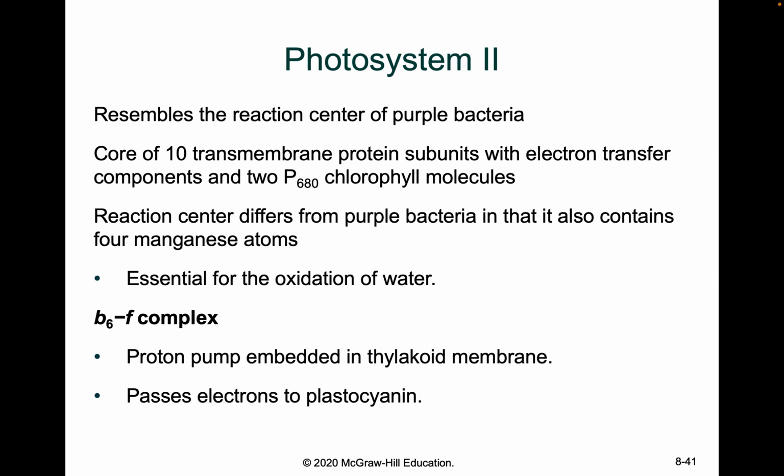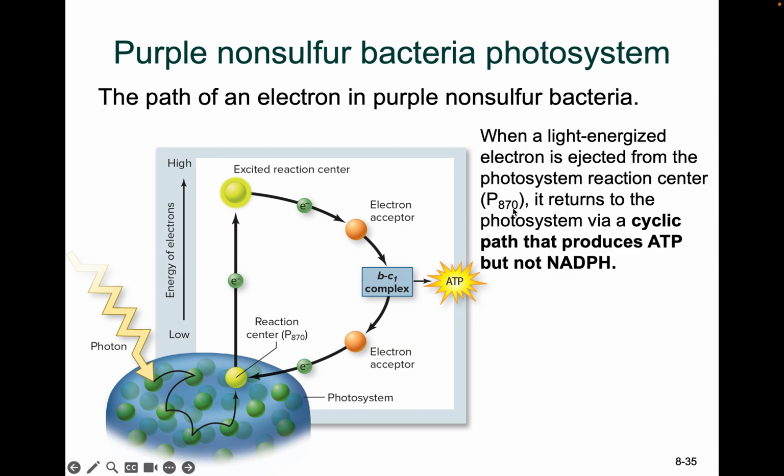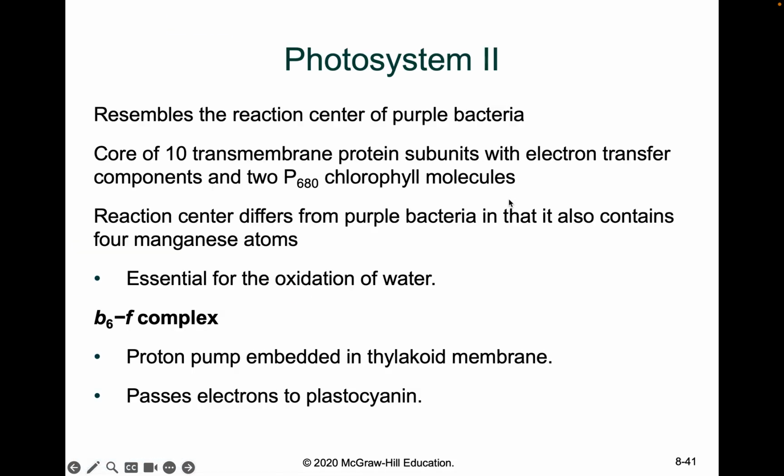So now let's talk about more details of photosystem 2 and 1, just their structure. Photosystem 2 resembles the reaction center of the purple bacteria, the one we just talked about, this P870. It's very similar. The whole photosystem 2 consists of 10 transmembrane protein subunits.